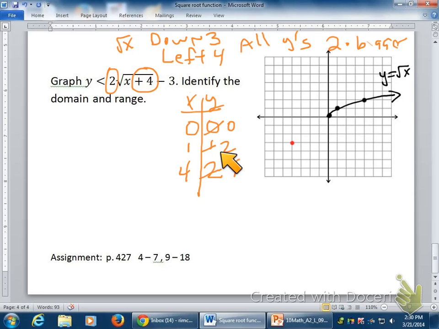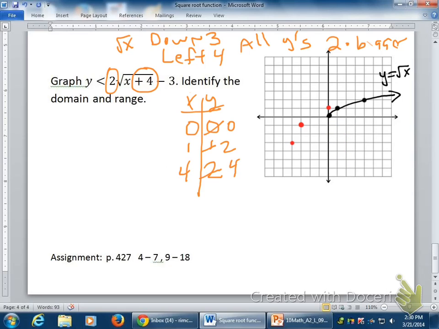I'm actually going to go 1, 2. Normally I would go over 1 and then up 1. Now I'm going to go over 1, and all my y's are twice as big, so it's going to be up 2 to here. And I would normally go over 4 and then up 2, but now I'm going to go over 4 and up twice as much. So it ends up being here.